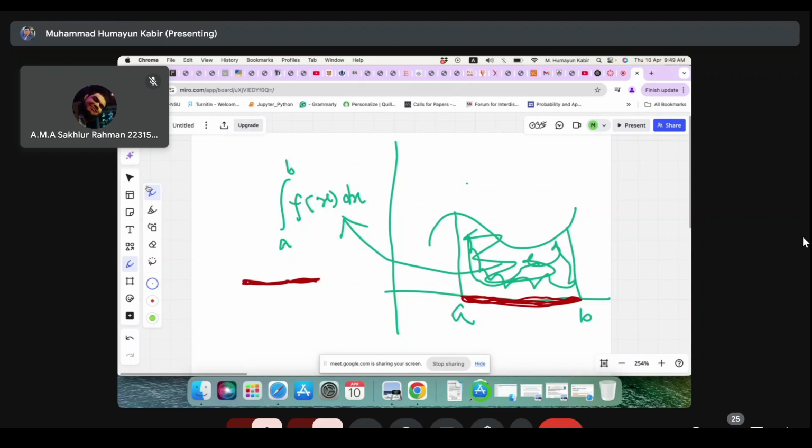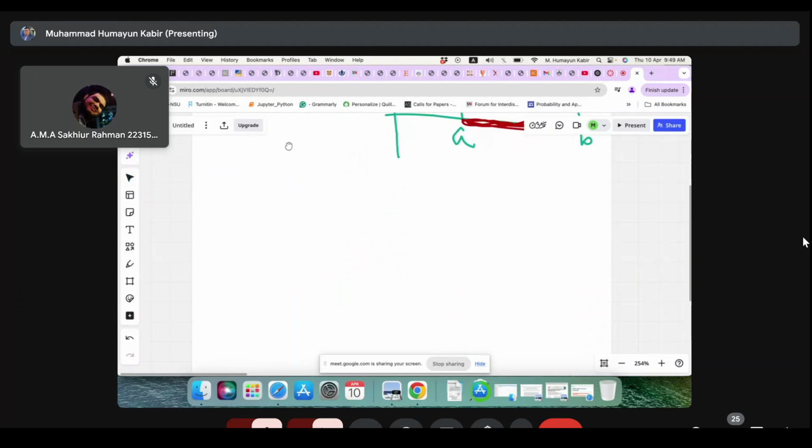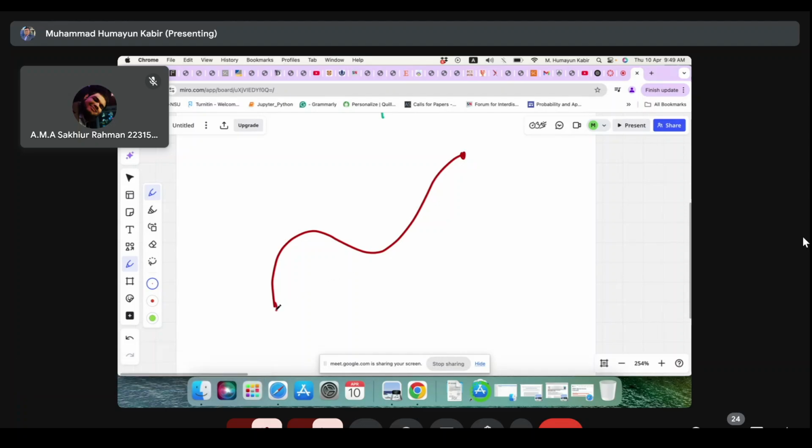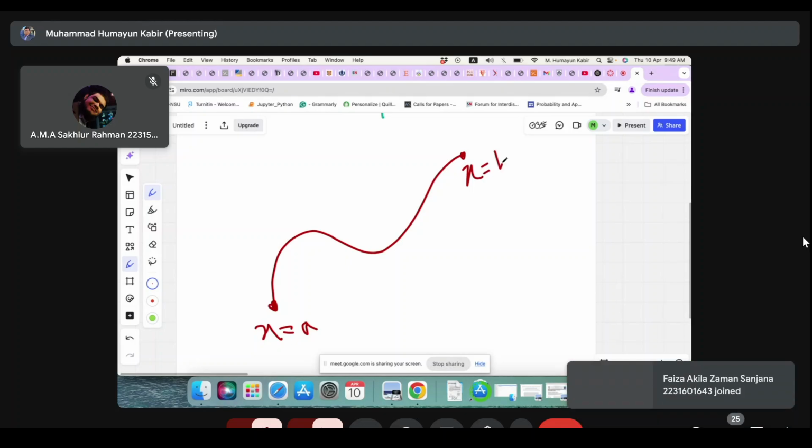Now, if we need to define a single integral on this curve, suppose here x equal to a and x equal to b is here. We want to define a single integral on that curve.